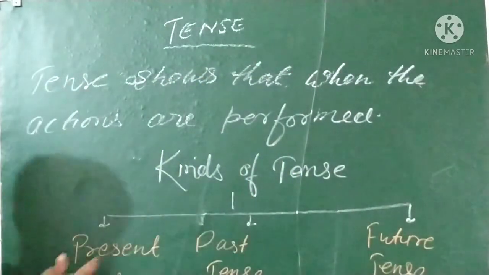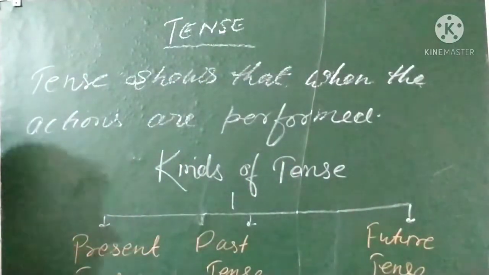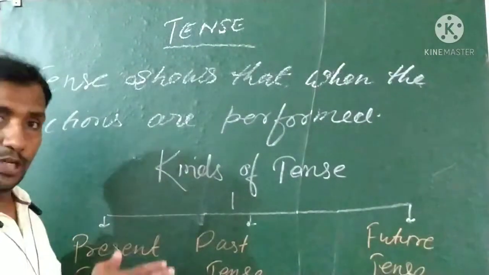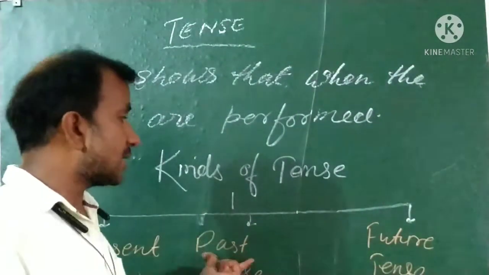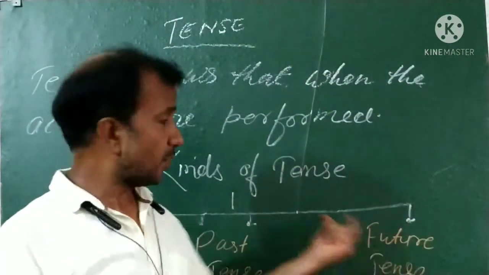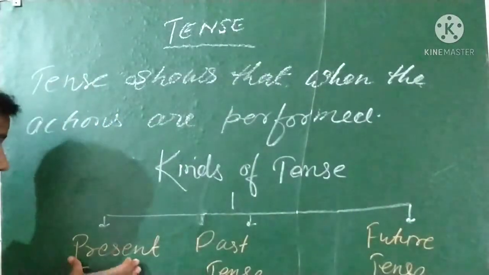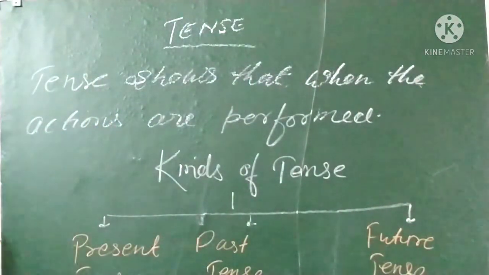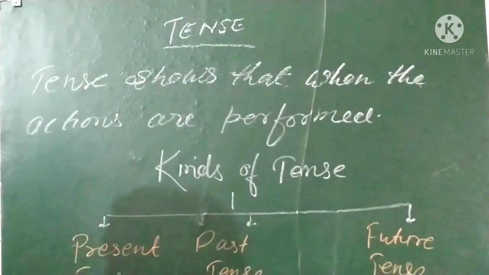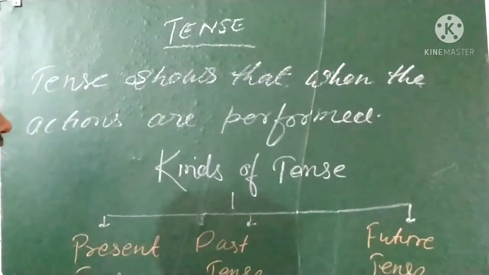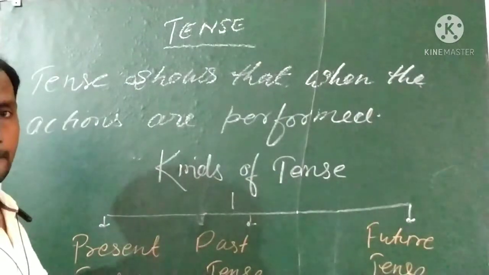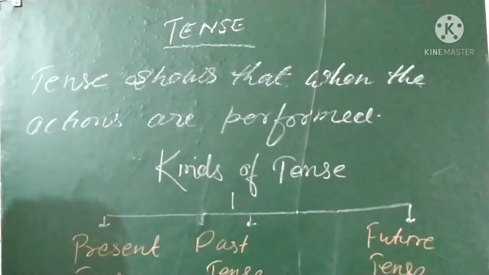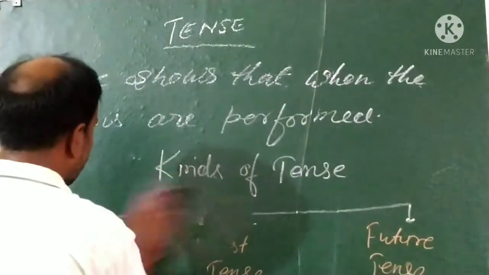Present tense is also categorized into 4 types, as well as past and future. So at first we are going to discuss present tense. Students, if you want to take the screenshot, you can take. Okay, now I'm going to erase.